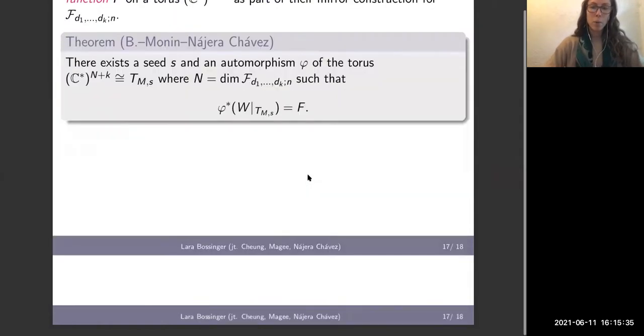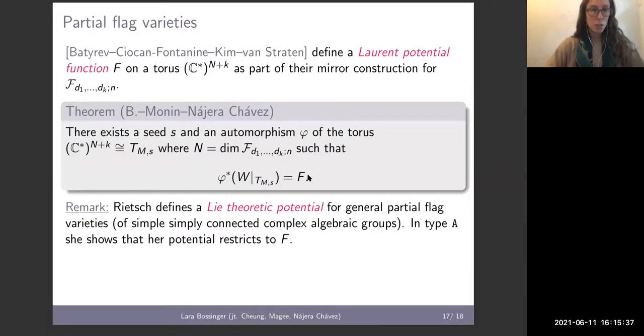And there are more potential functions known, for example, in work of Rietsch for general partial flag varieties, so not only of type A, but for simply connected complex algebraic groups. And she already shows that in type A, her potential restricts to this potential function by Batyrev and his collaborators.